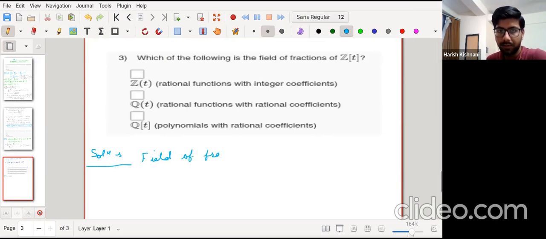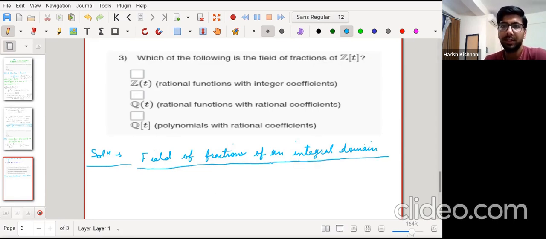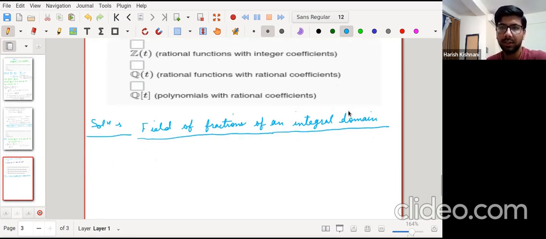Field of fractions of an integral domain. To define the field of fractions, we need the ring to be an integral domain, and Z is an integral domain, so its polynomial ring is also an integral domain. So we can talk about the field of fractions of this ring, the polynomial ring over the integers.